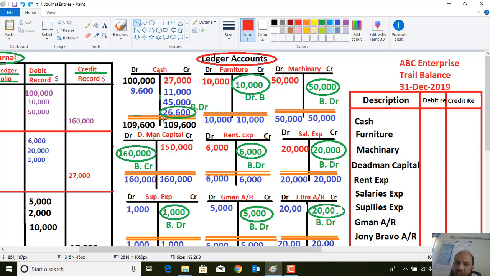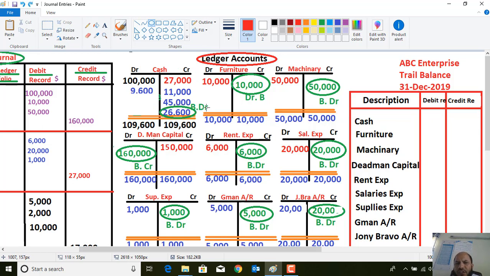The cash balance is actually available at the credit side, but while bringing this to the trial balance from the ledger, you will record these amounts, which are available at the credit side of the ledger account, at the opposite side in the trial balance.